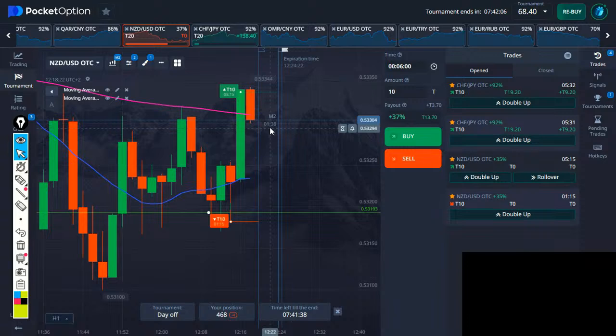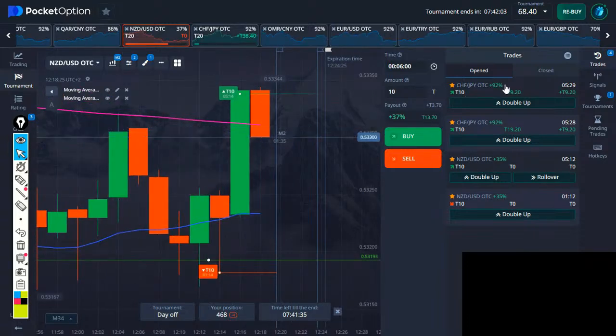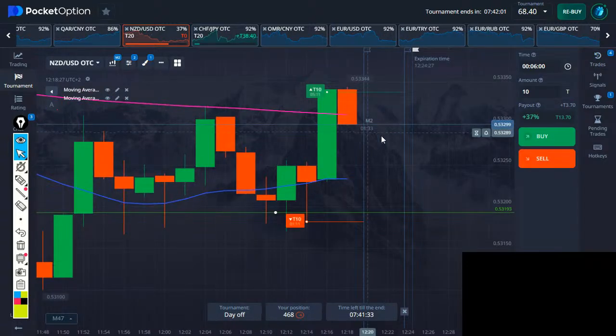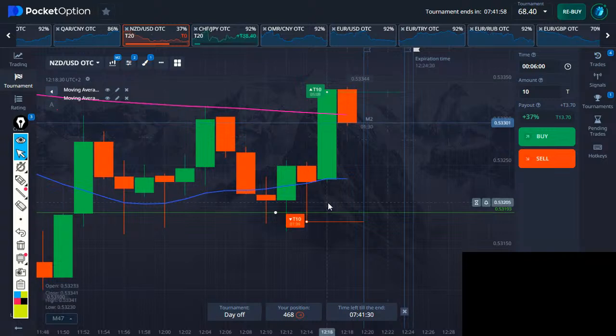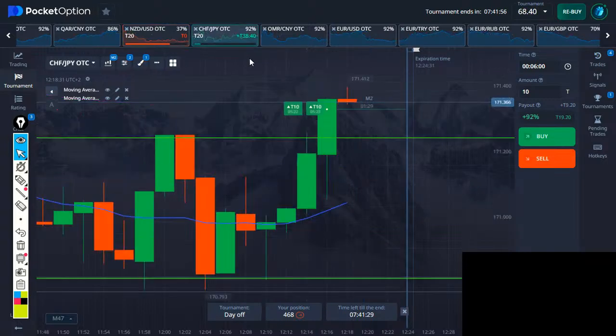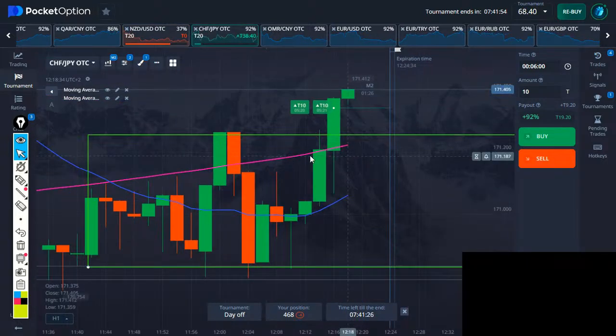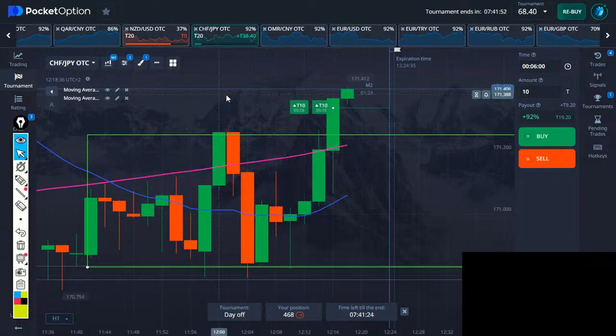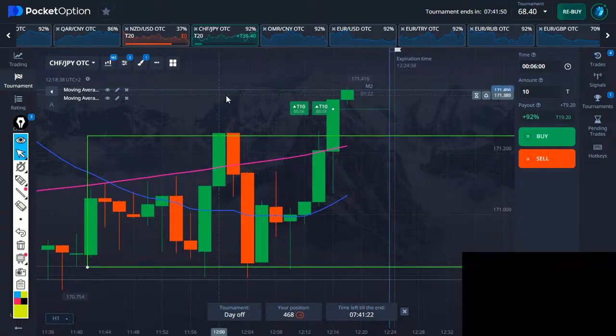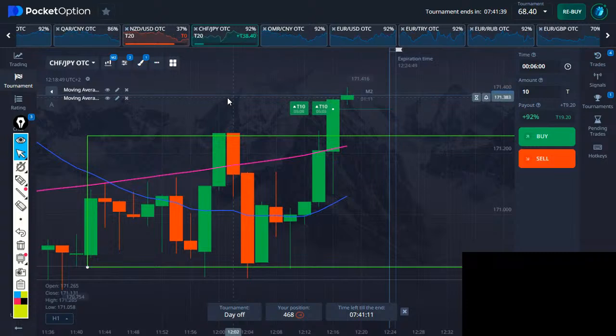Beautiful. Whenever you click the buy and sell button, your job is over. You just have to watch or find another setup or go do something else.